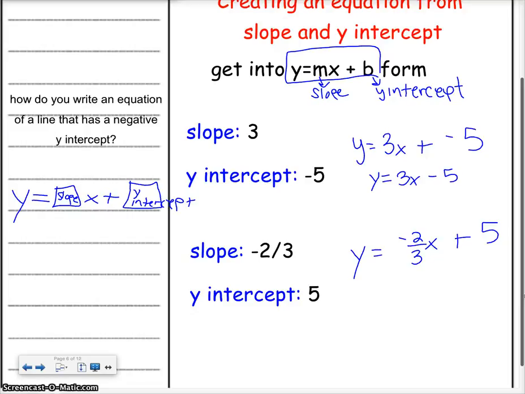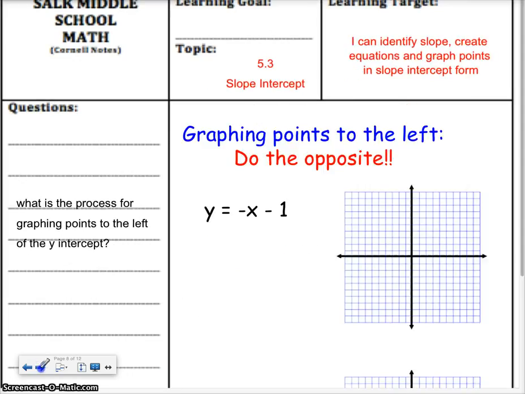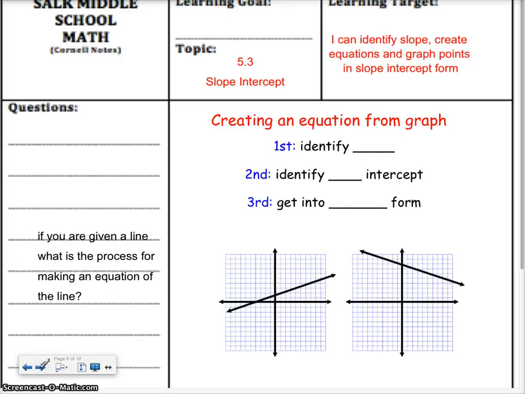One more learning target. The next learning target is creating an equation of a line like we just did, except now it's going to be given on a coordinate plane. Same process though.